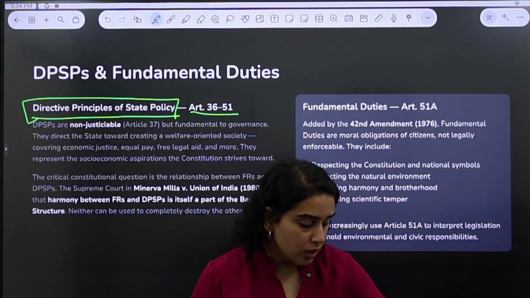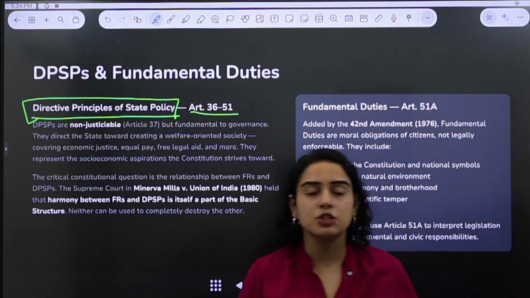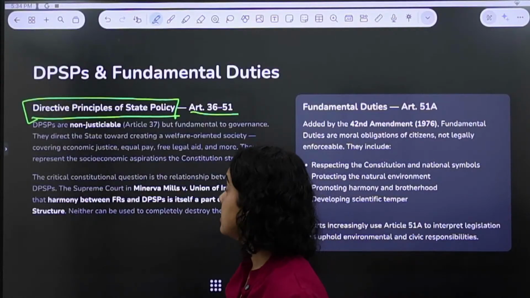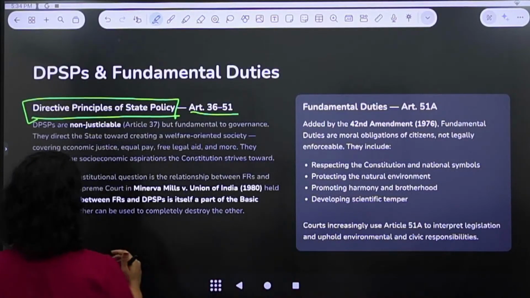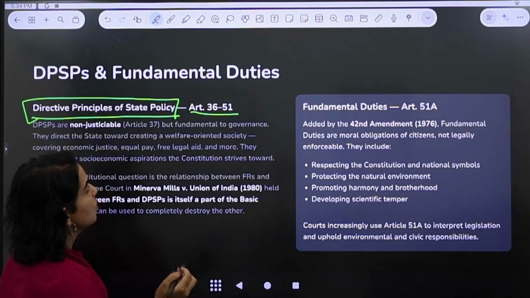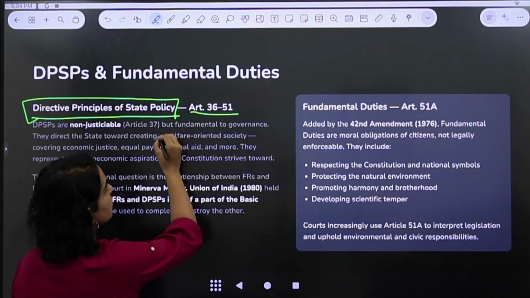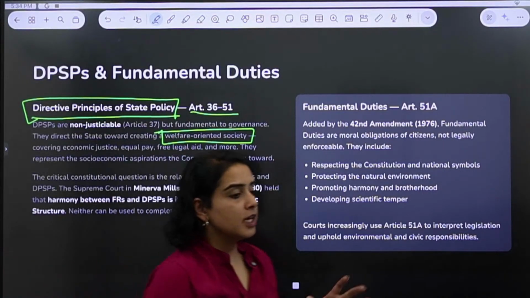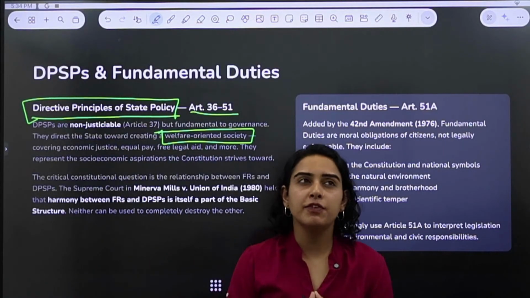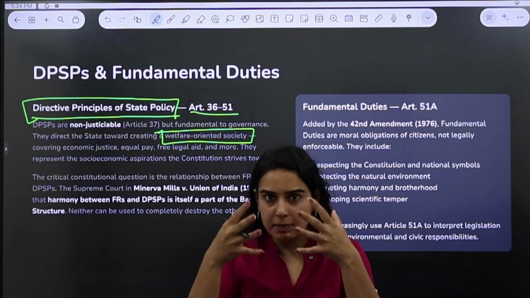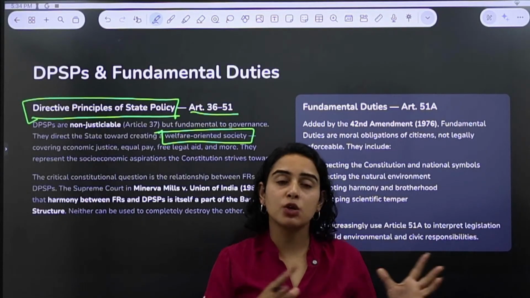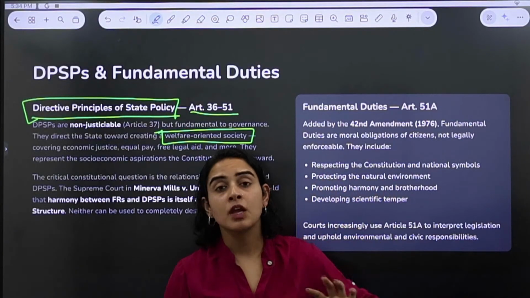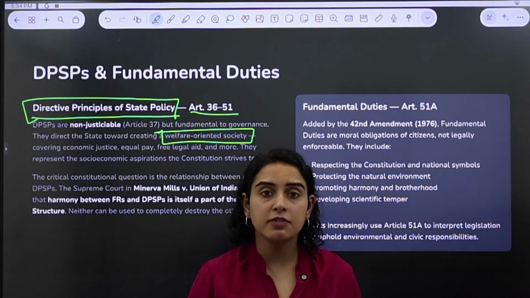Now, like I've already mentioned, the purpose here is to give directions and suggestions to the government. Now, DPSPs, the basic purpose here is to make a society which is welfare oriented, right? There are different types of goals that have been made part of DPSPs, which are not your fundamental rights. So see, whenever originally the constitution was made, not everything could have been made a fundamental right.